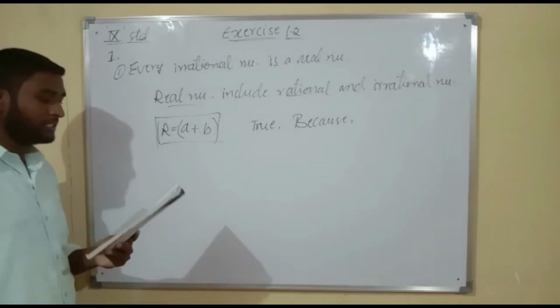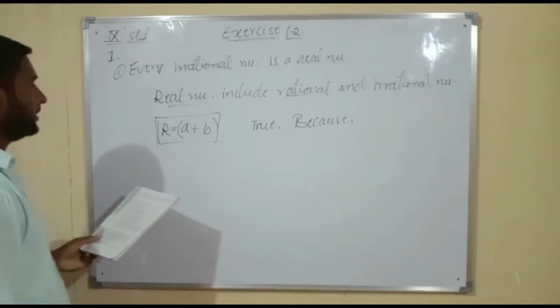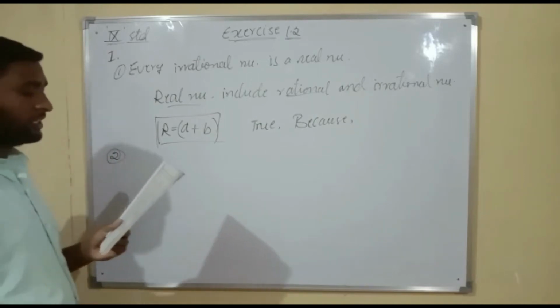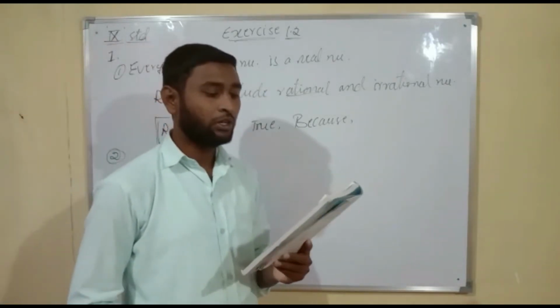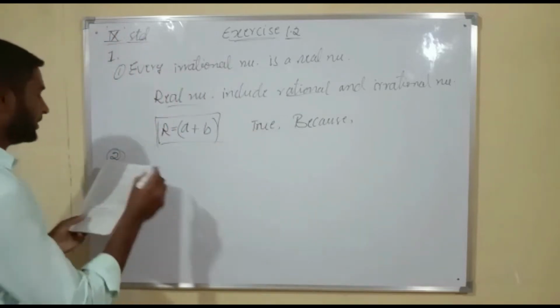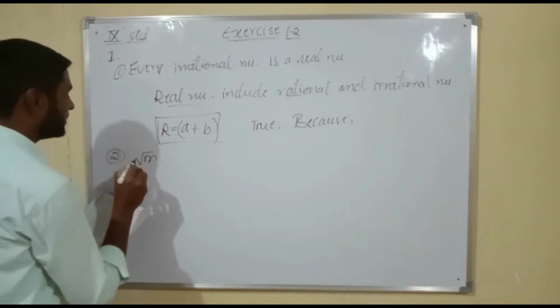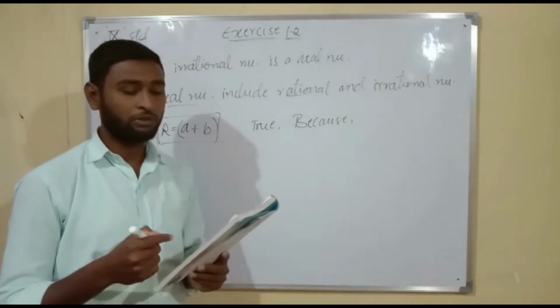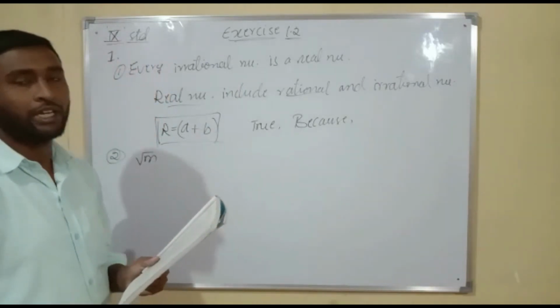Let us look at the second statement given there. What is the second statement? Every point on the number line is of the form root m, where m is a natural number.